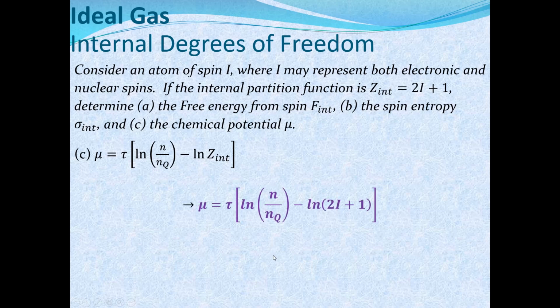And that's it. Now, I do also want to point out really quick that in most questions, I would have told you that you can have your answer in terms of tau, n, and nq. Sometimes it could be a little bit tricky with the questions in the book about what variables you're allowed to answer in.